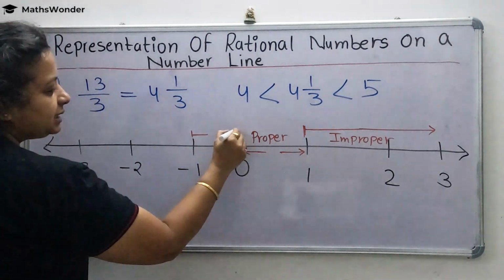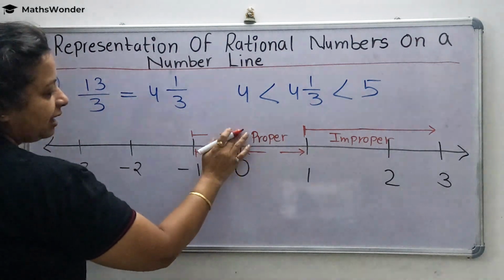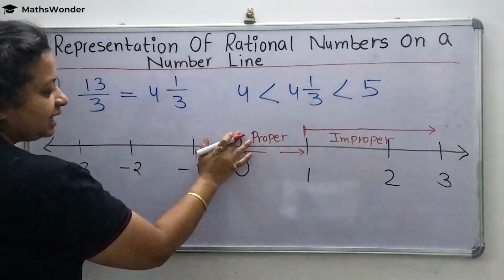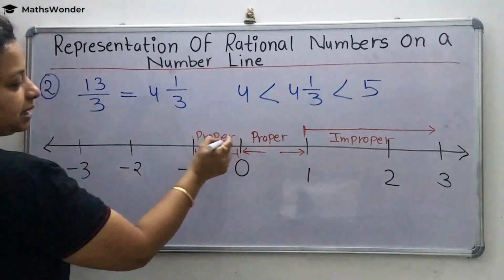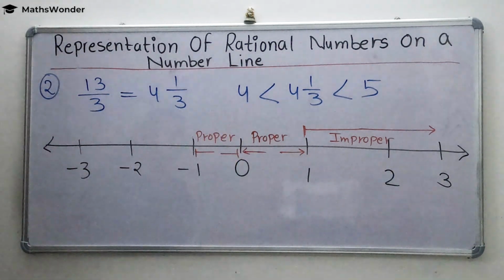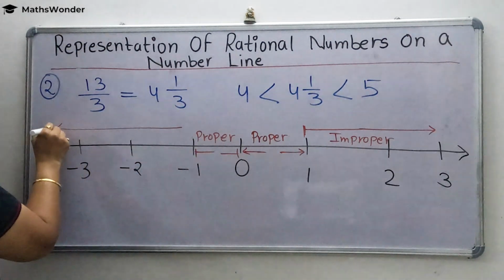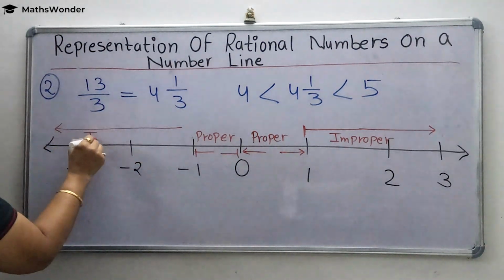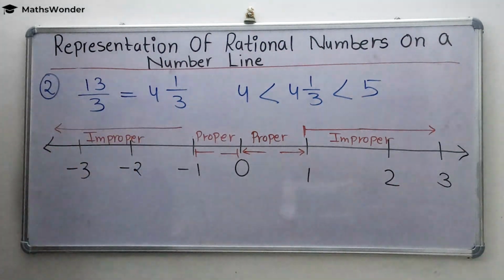We will not actually call it proper, but yes. On the negative side, it will lie between 0 and negative 1, and from negative 1 onwards there is improper, but we will call it a negative rational number.